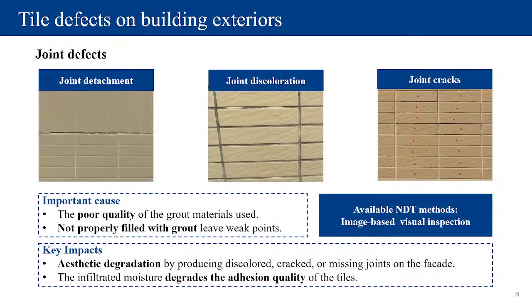And the last category of tile defect is joint defect, including joint detachment, joint discoloration, and joint cracks, which could arise from poor quality of grout and joints not properly filled with grout. And the key impact of joint defects is aesthetic degradation, and joint defects would also allow moisture infiltration and degrade the adhesion quality of tiles.